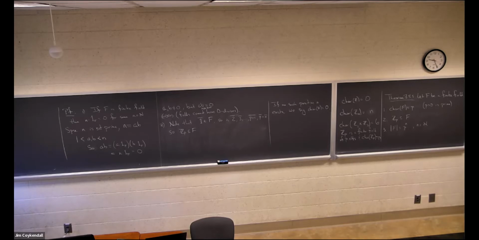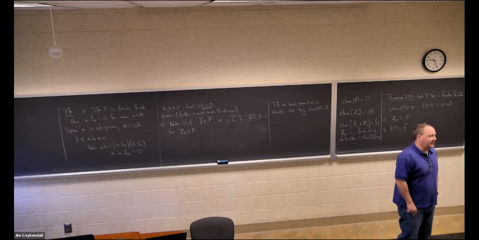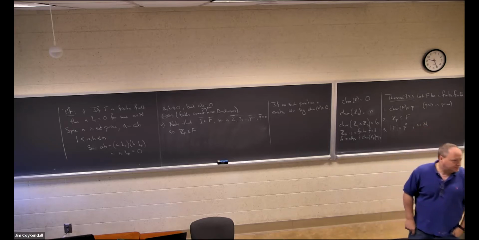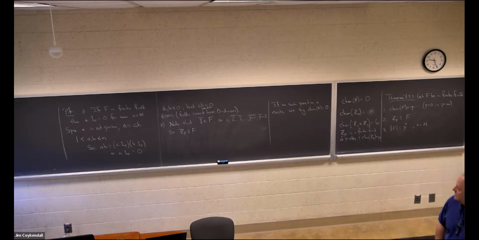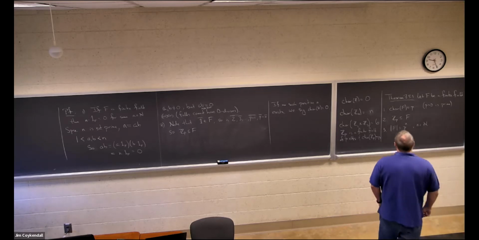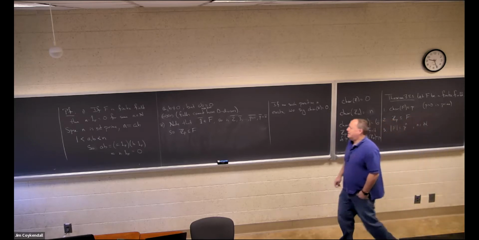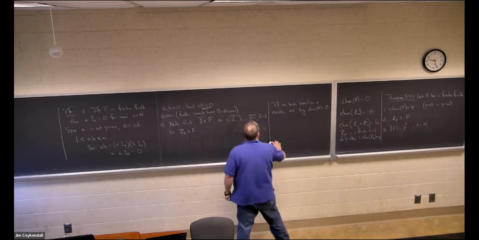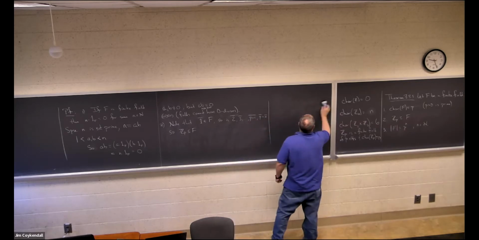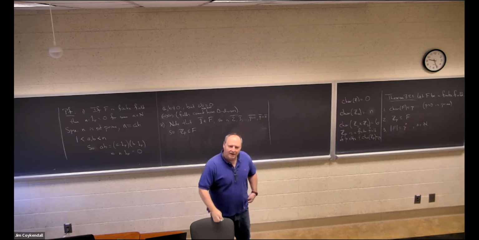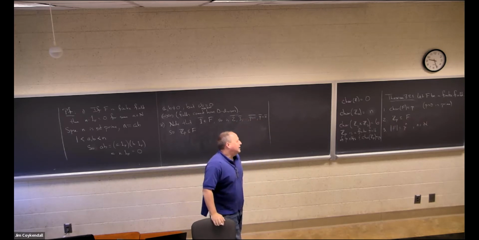The characteristic is the smallest positive integer such that when you add 1 to itself that many times you get 0. Now, this one's like a big mystery. Okay, so here's what we have so far.